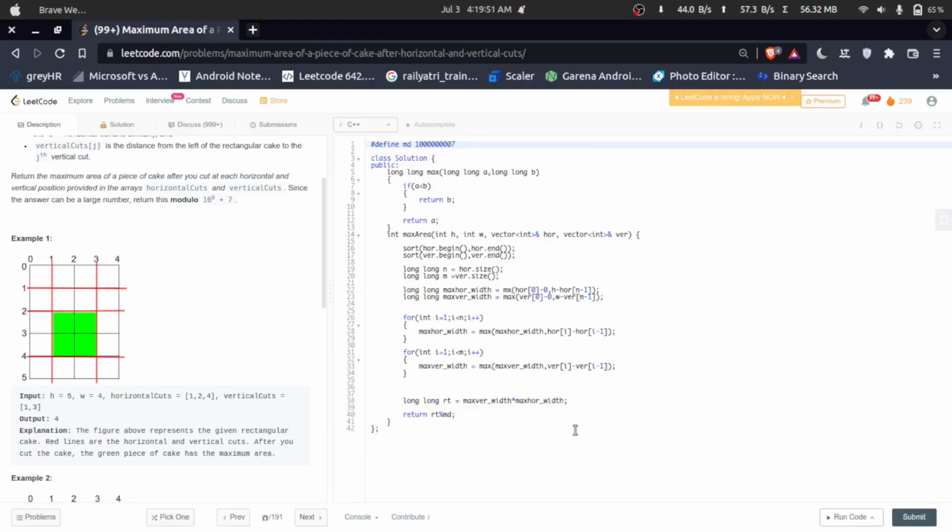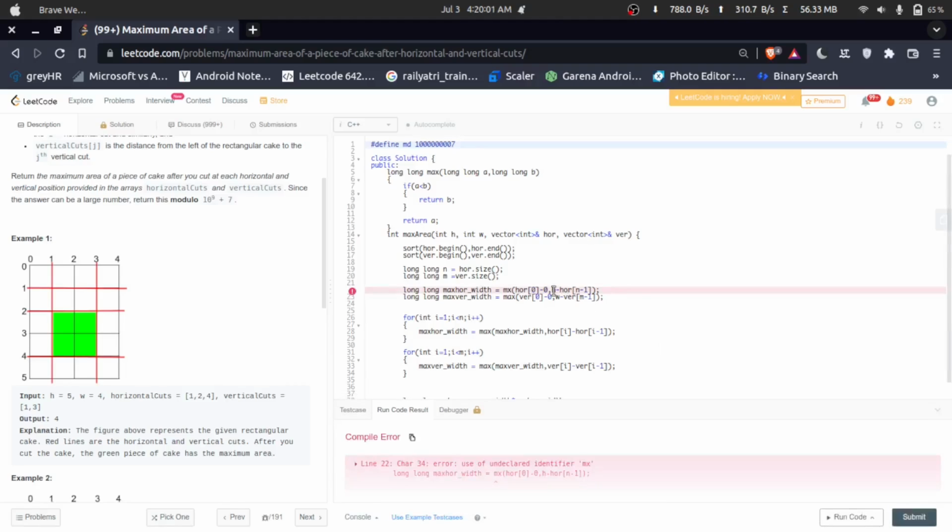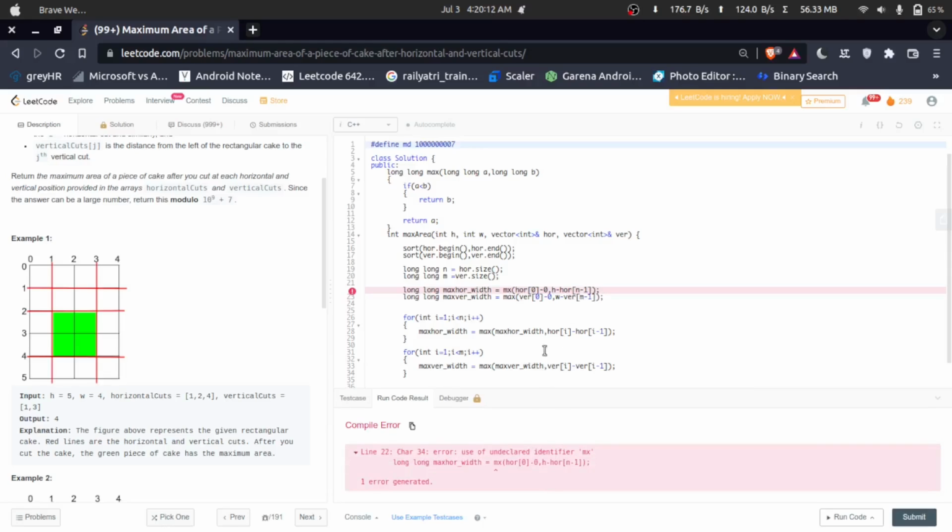So right now I am trying to check whether my implementation is okay or not. Let me check. Yeah, I found there is a compile time issue. So what is that? Okay, I make the mx.